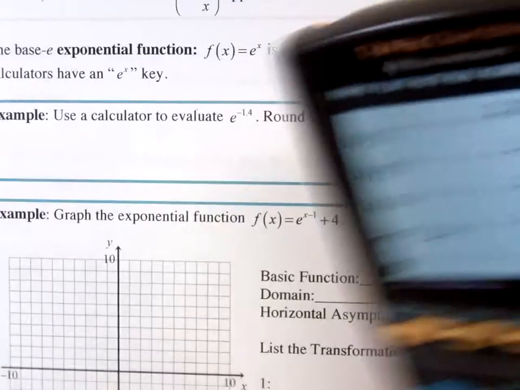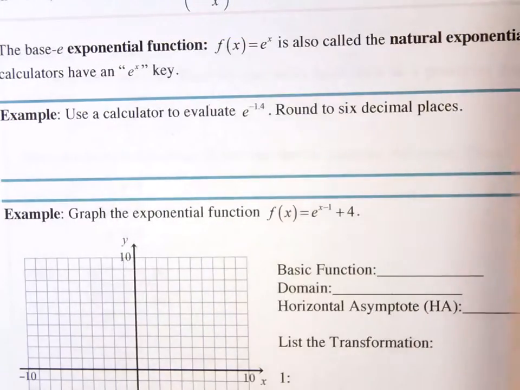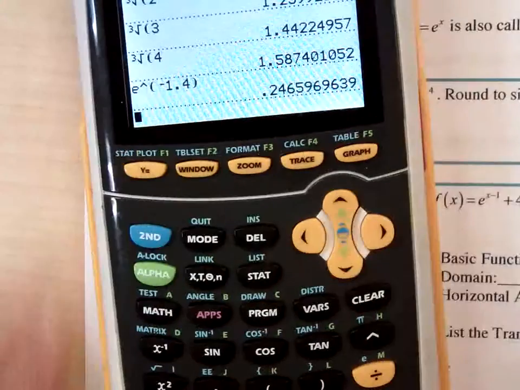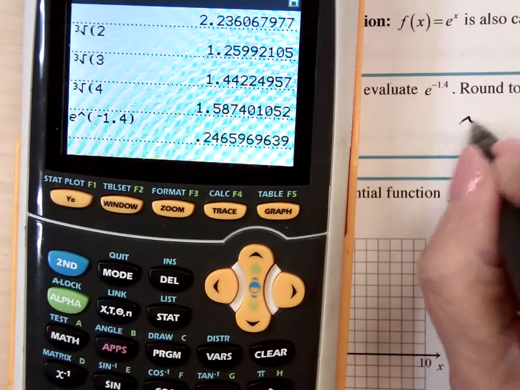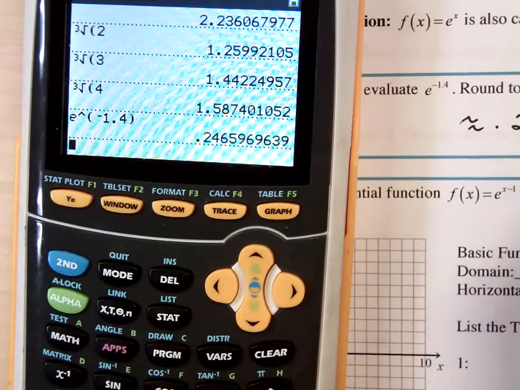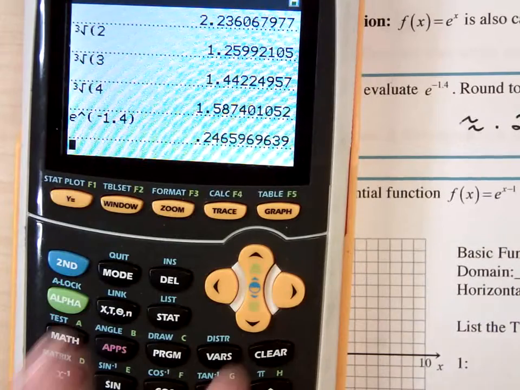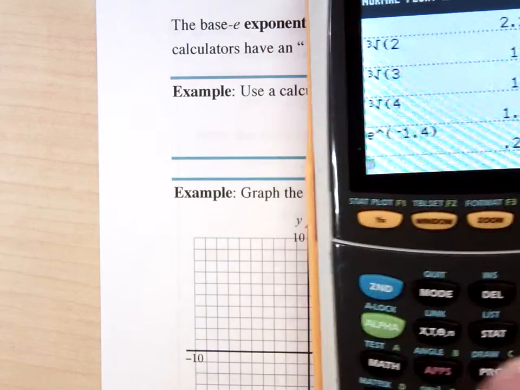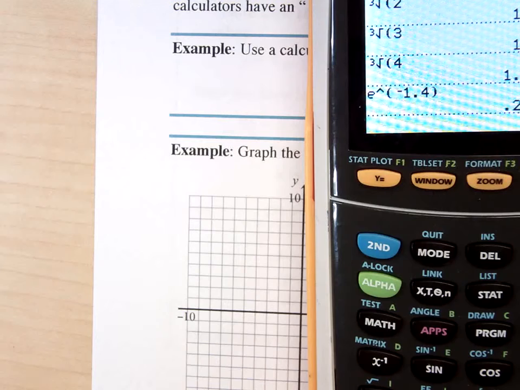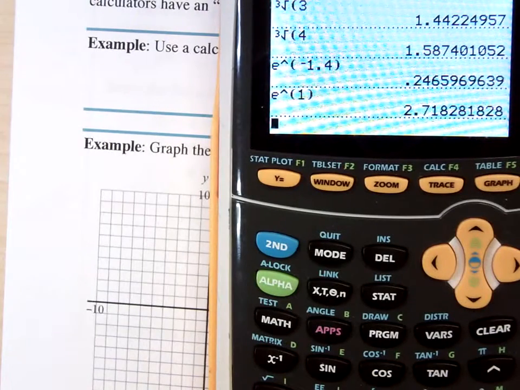So that becomes a big whoop. So 2, 4, 6, I'm going to have to round up. So this is approximately 0.246597. Woohoo! Now e is approximately 2.7.